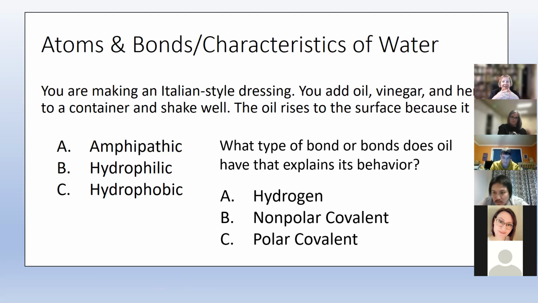It's really easy to get polar and non-polar covalent backwards, because they're pretty much the same term with just a non slapped on there. But remember, the non-polar covalent bonds are equal sharing, so there's no charge. Because there's no charge, the oil can't hydrogen bond with the water.